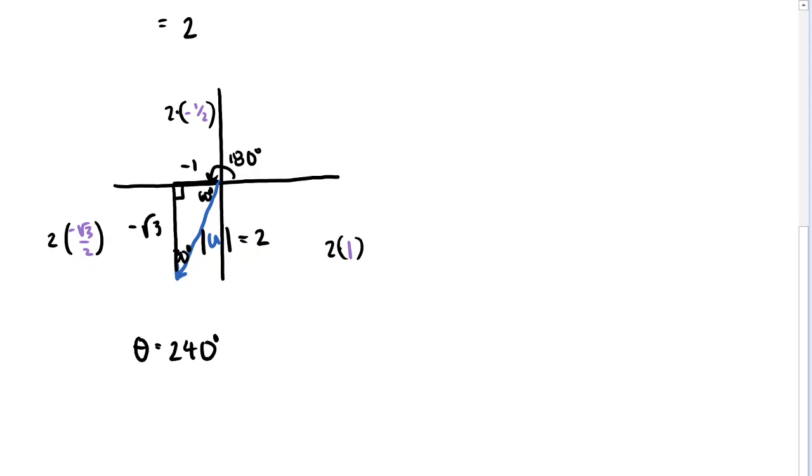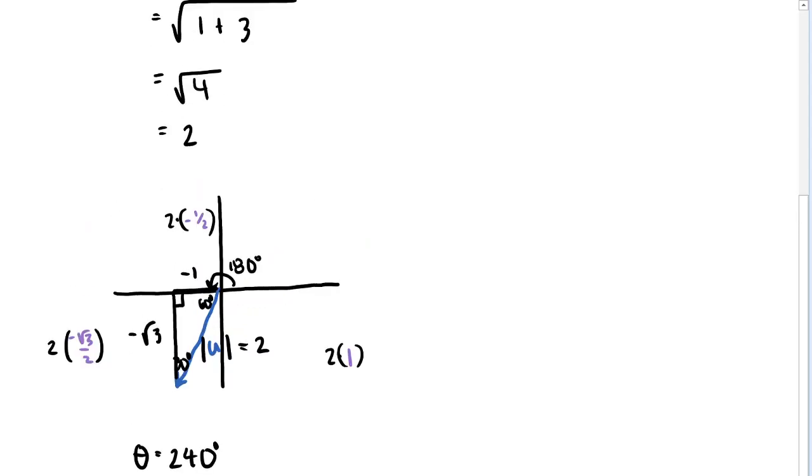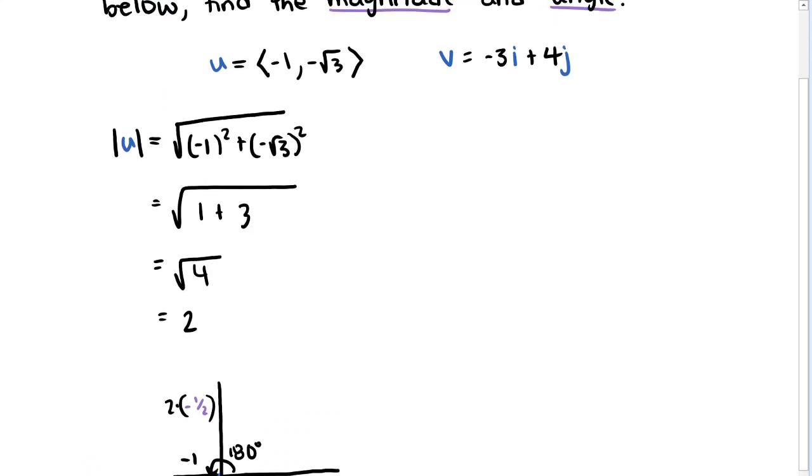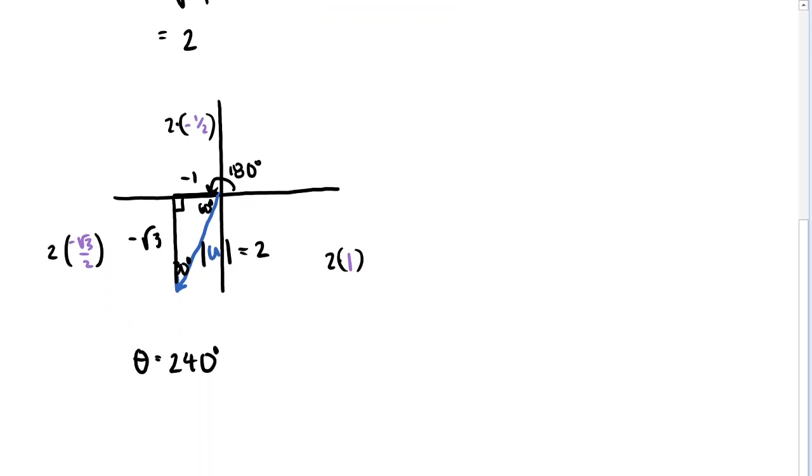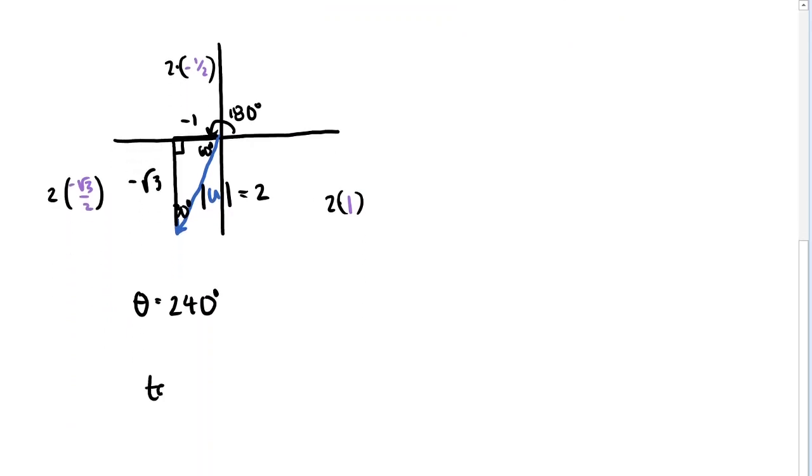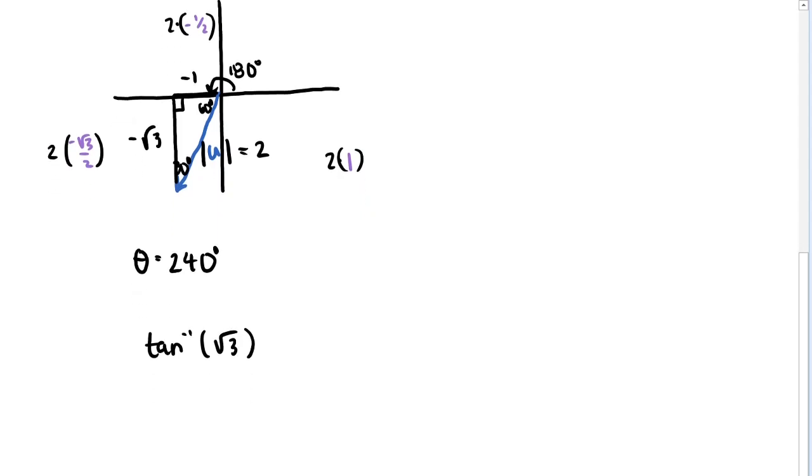If we had used inverse trig, for example inverse tangent of the side lengths b over a, so negative square root of 3 over -1, we would have gotten inverse tangent of the square root of 3 to find our angle.